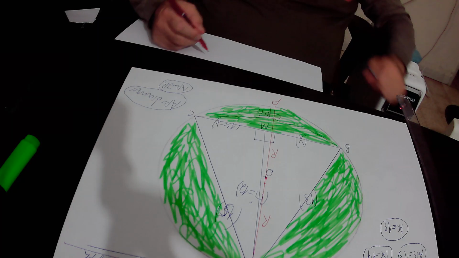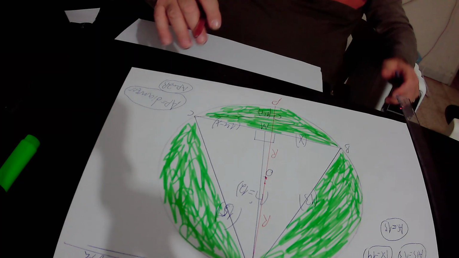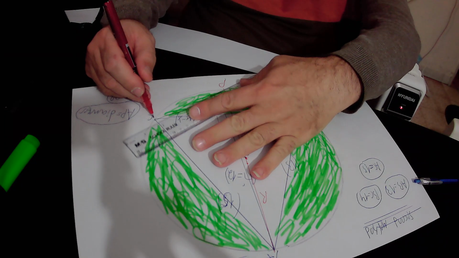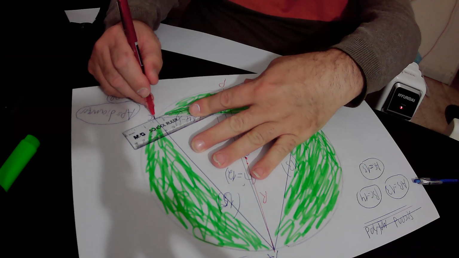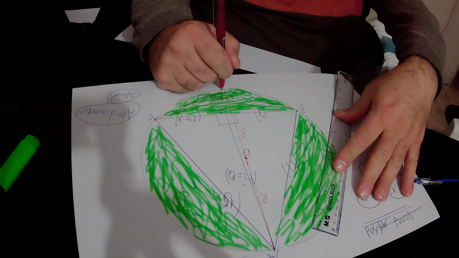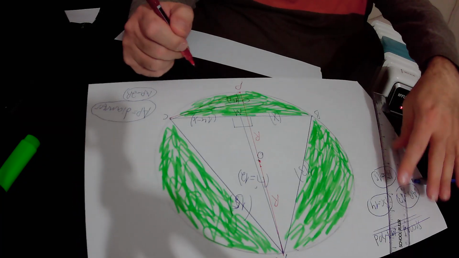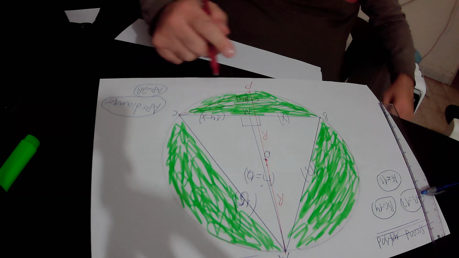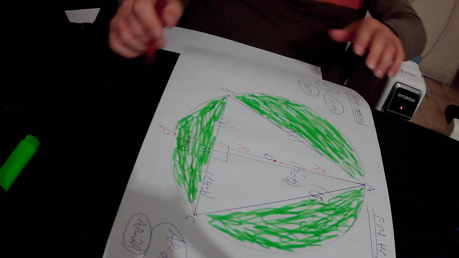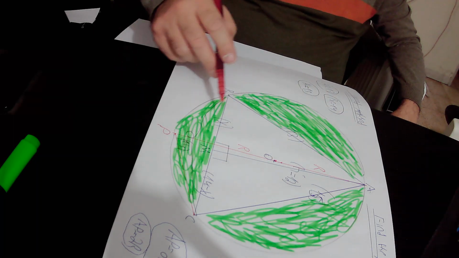In the next step, we will join points C and P together by a straight line. By joining points C and P, we created the peripheral angle ACP.